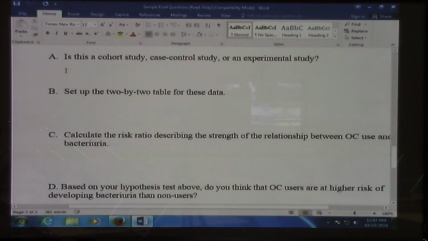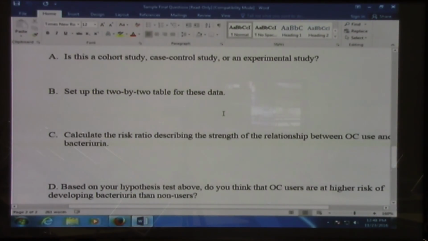We already know it's a cohort study because we found them and put them in groups according to their exposure, and then we watched over time to see whether they were going to get the bacteriuria.